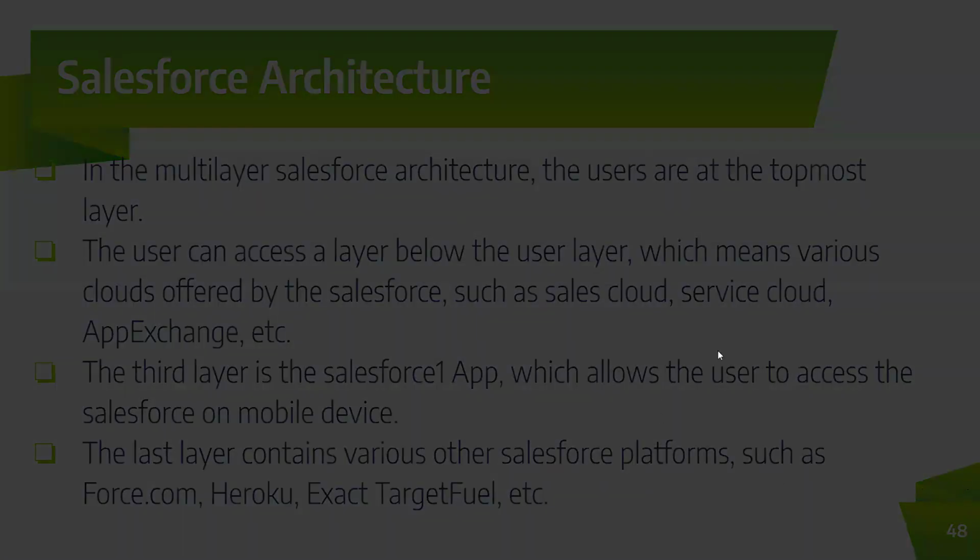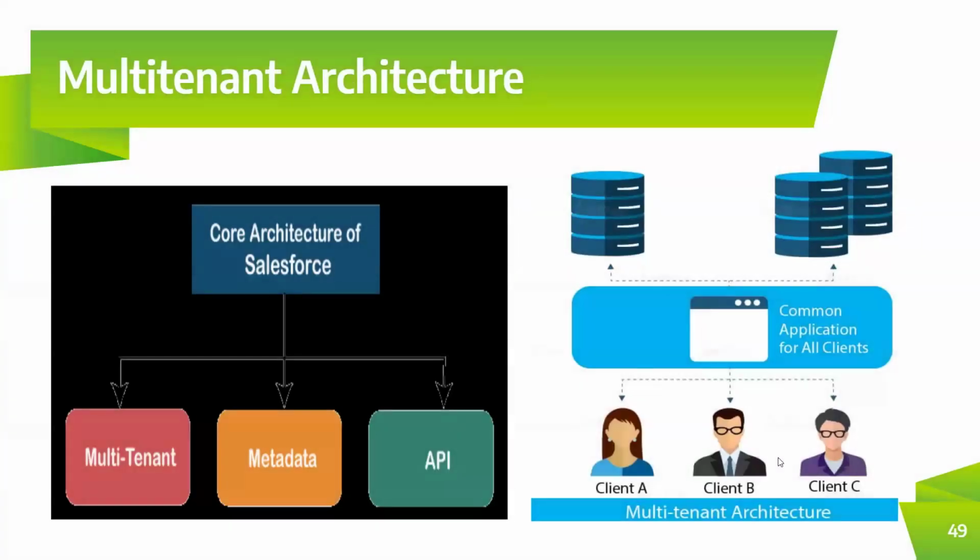And when it comes to multi-tenant architecture, multiple tenants will be available there. Here we have client A, client B, client C. All are using the Salesforce application with a common platform, a common application interface.